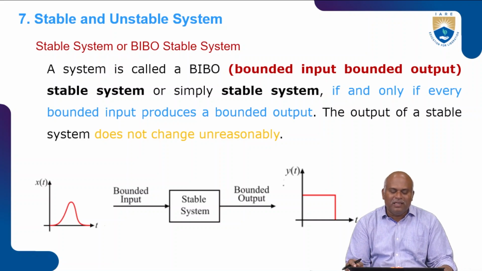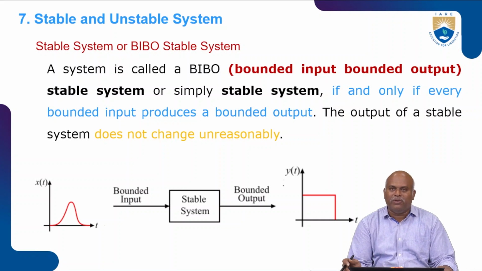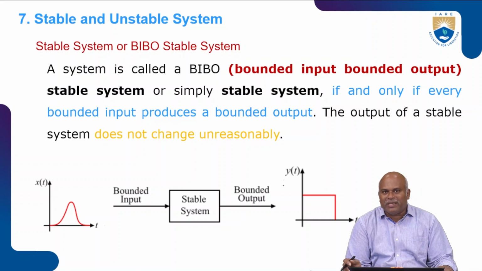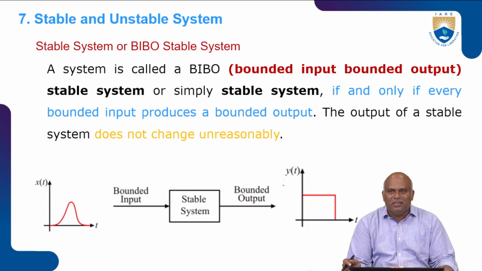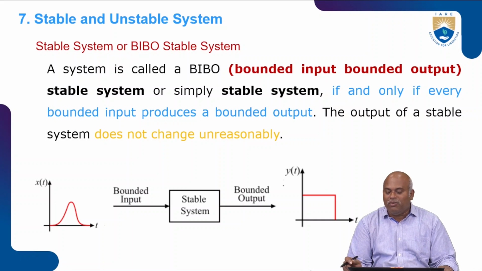The definition is: a system is said to be BIBO stable, or simply stable, if and only if every bounded input produces a bounded output. The output of a stable system does not change unreasonably.